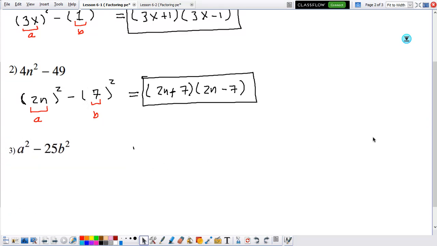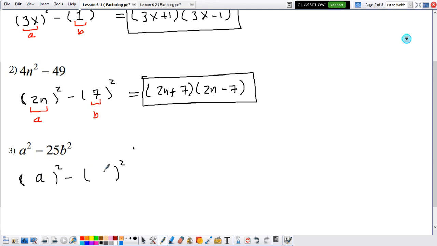Notice here in example 3, again, the first thing that you want to do is try to see if you can rewrite this into a squared minus b squared. So let's see. We're going to have this minus something else to the second exponent. The first term we can read as a to the second.